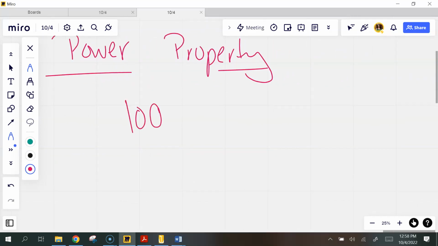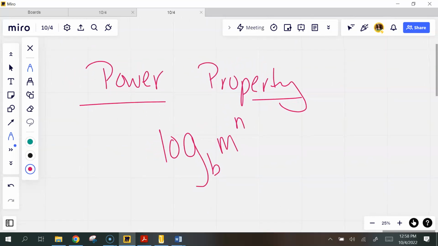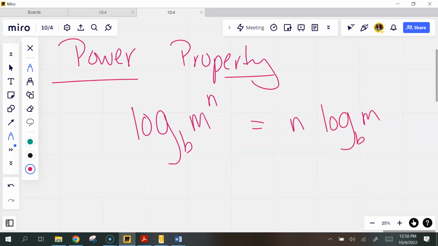I have log base b of m to the n. If you are talking about exponents and you raise a power to a power, what do you do? You multiply. I'm going to do the same thing here because I have a power, because logs are exponents. Raised to a power, I am just going to bring that thing around front and multiply. This is the easiest of all the properties in my opinion. It just comes around front and multiplies.